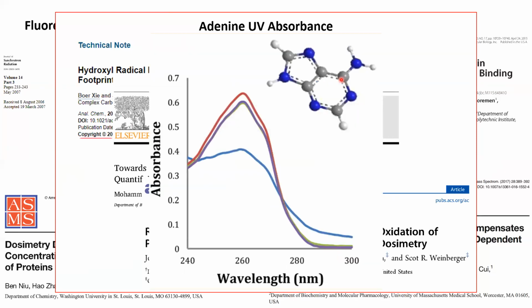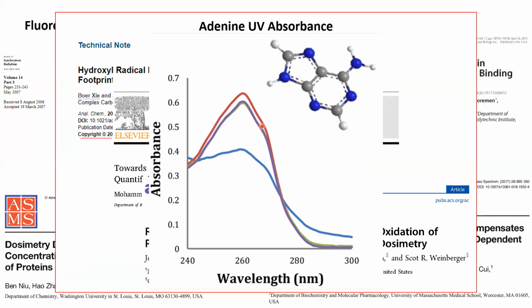Adenine radical dosimetry is particularly attractive for one very, very simple reason, which is the ease at which you can actually read out the oxidation. So this is adenine, and adenine has a UV absorbance spectrum that looks like this, with a strong absorbance band at about 265 nanometers. Now, if you add in hydrogen peroxide, that absorbance band stays at 265 nanometers. If you expose the adenine to a KrF excimer laser, that absorbance stays at 265 nanometers.